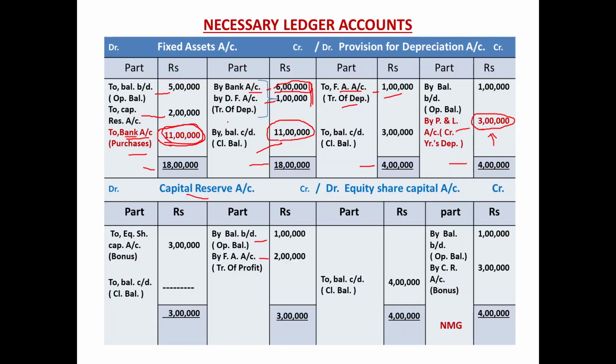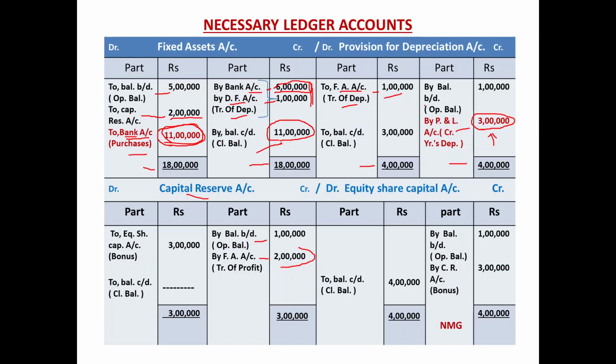So two items from this fixed assets account affect the FFS. DF, depreciation fund, transfer of depreciation does not affect the fund flow process. Profit transferred to capital reserve doesn't affect the process of fund flow. So two items from the fixed assets account are both related with the fund flow statement: one source 6 lakh, 11 lakh application.